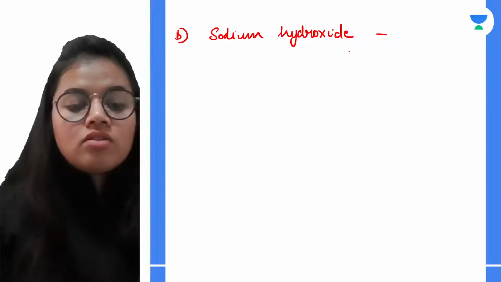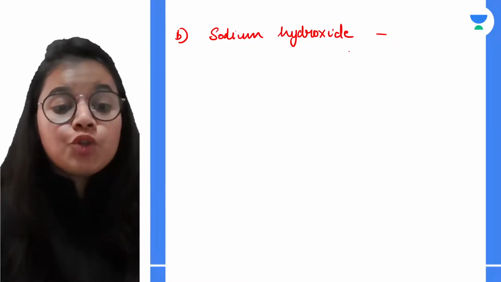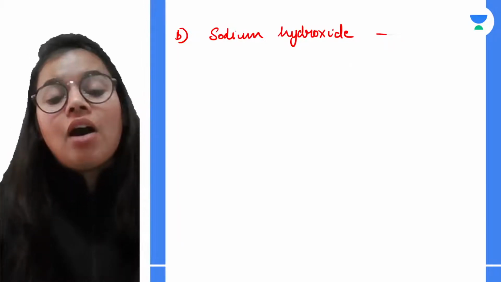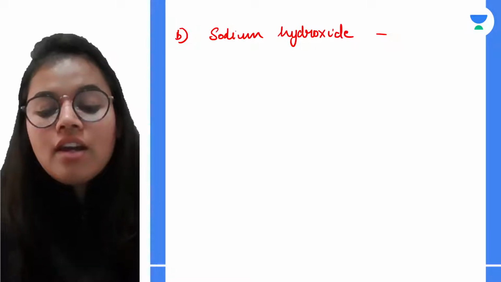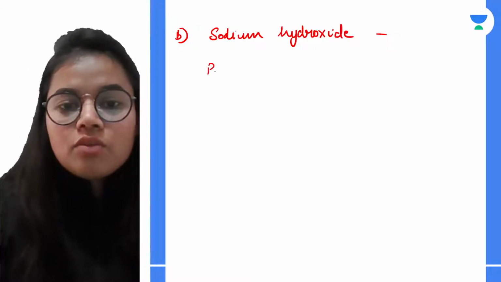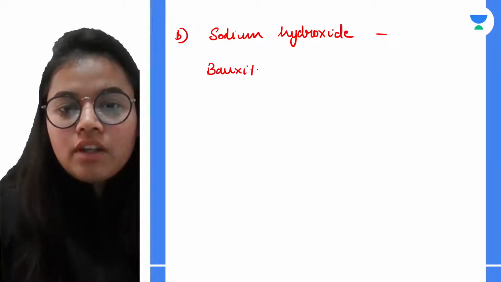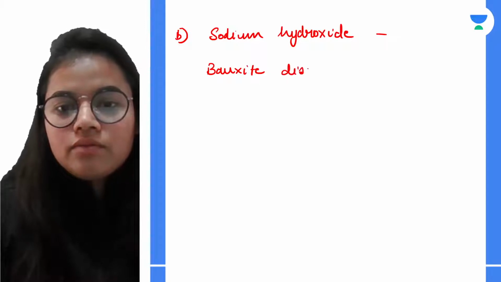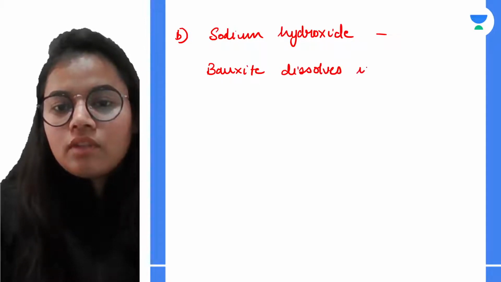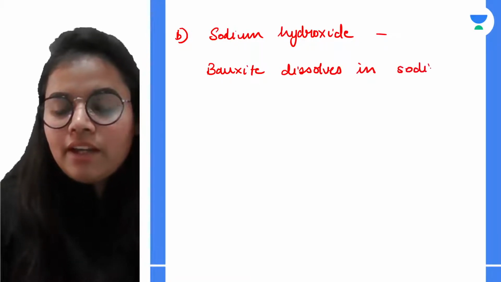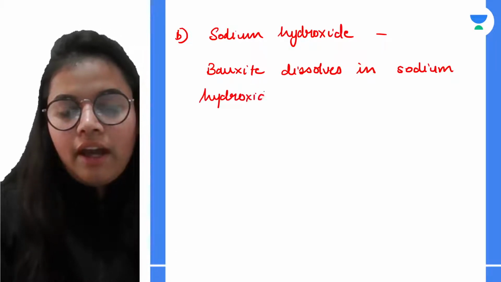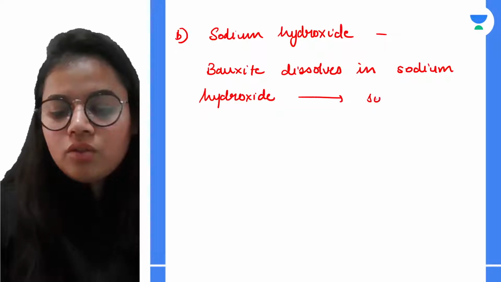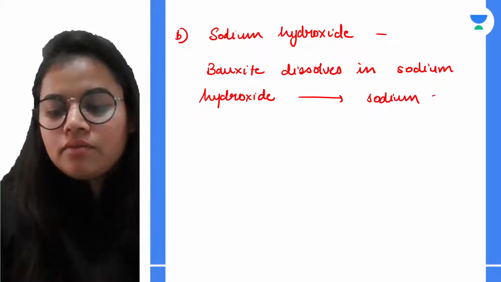Okay, so let's go for B. We just now saw that firstly bauxite is converted to sodium metaluminate. And how is it converted? By dissolving it in sodium hydroxide. So this bauxite is dissolved in sodium hydroxide, and we get sodium metaluminate.